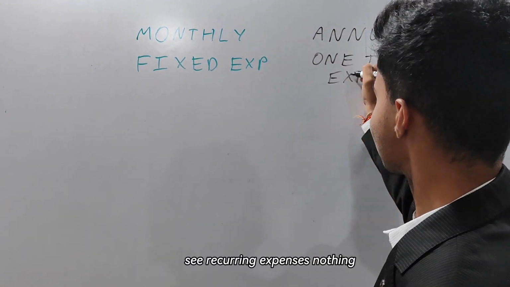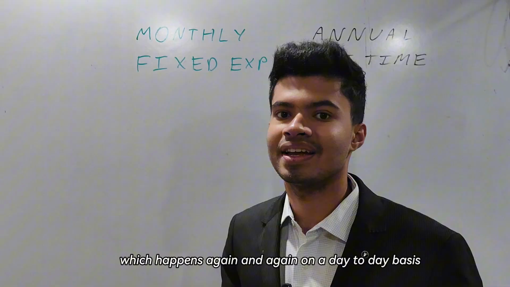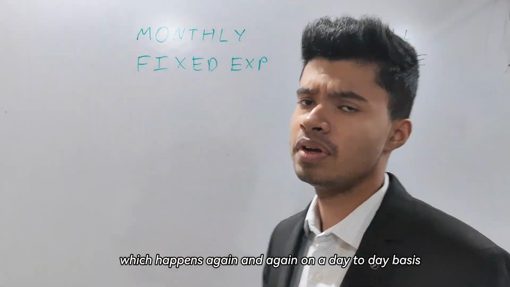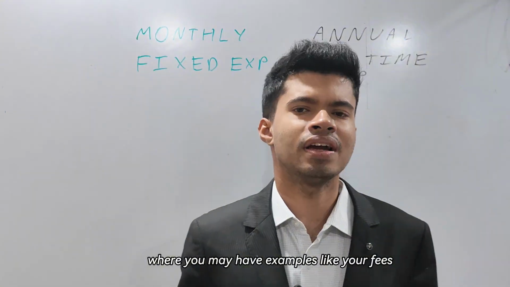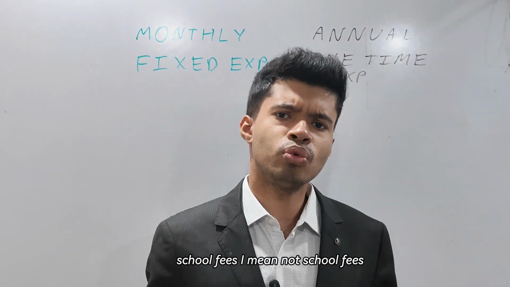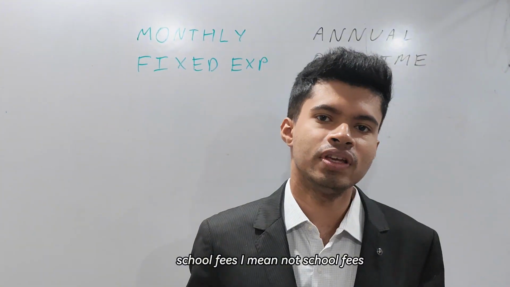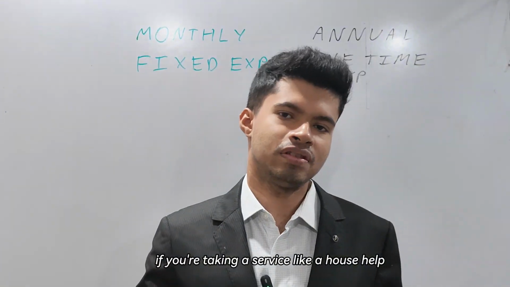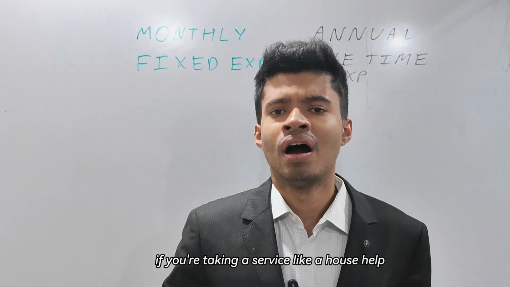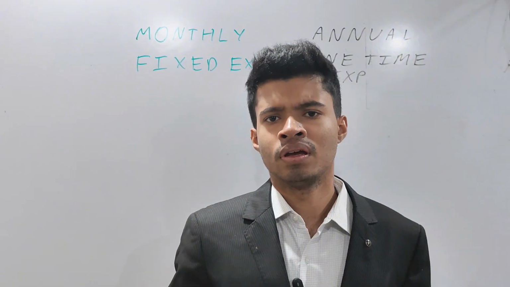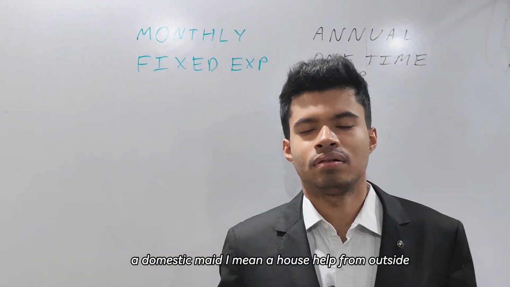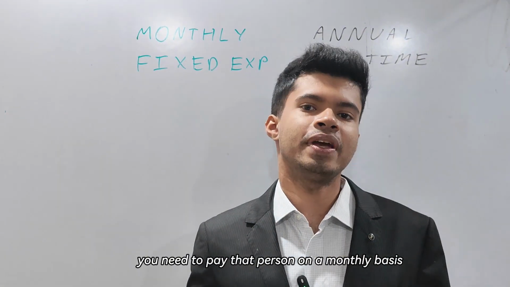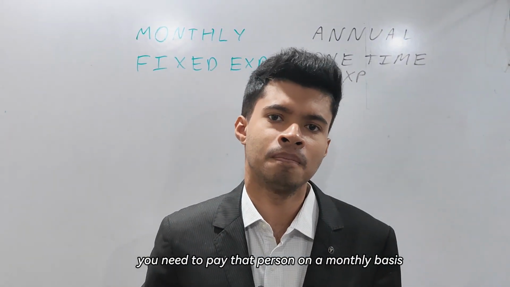See, recurring expense is nothing but which happens again and again, where you may have examples like, say, if you're taking a service like a domestic maid, a house help from outside, you need to pay that person on a monthly basis.